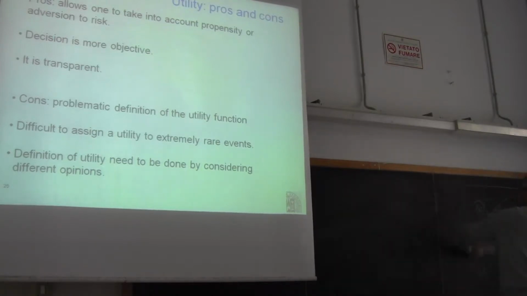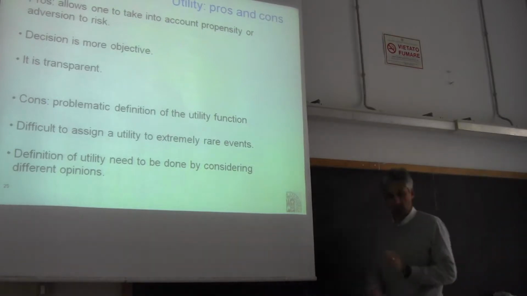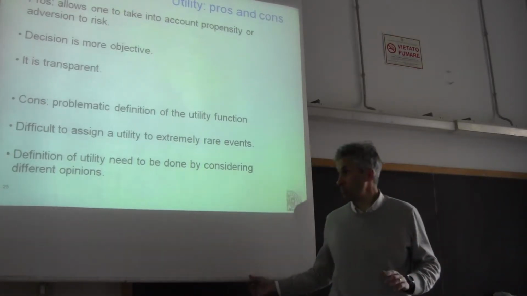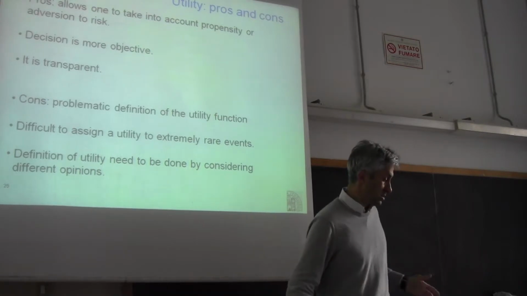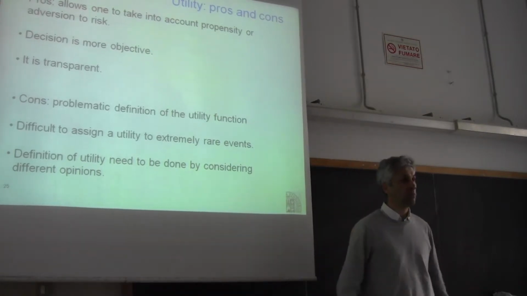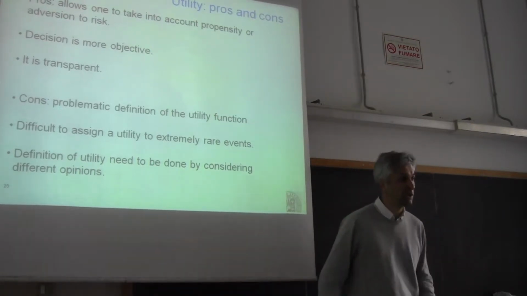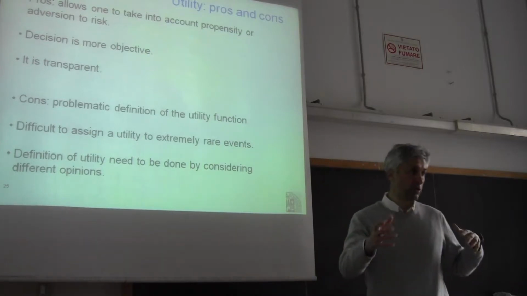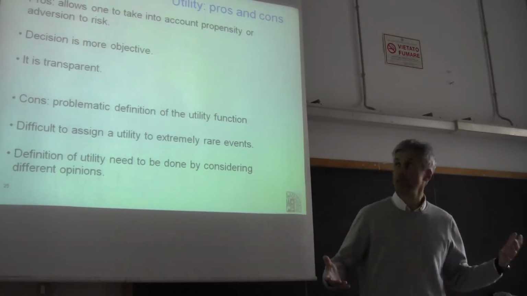And I told you that this approach is particularly useful when we want to adopt a transparent decision-making process, because it allows for comparing different views, again, on the opportunity or not to take a certain risk.